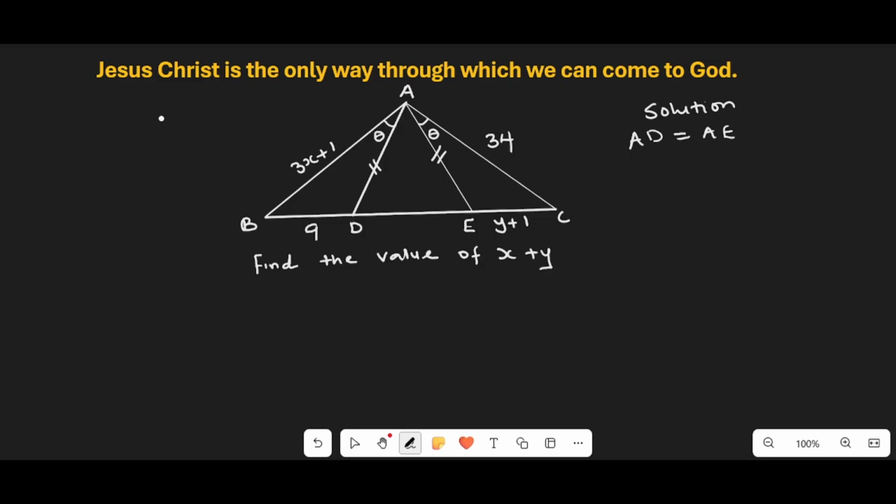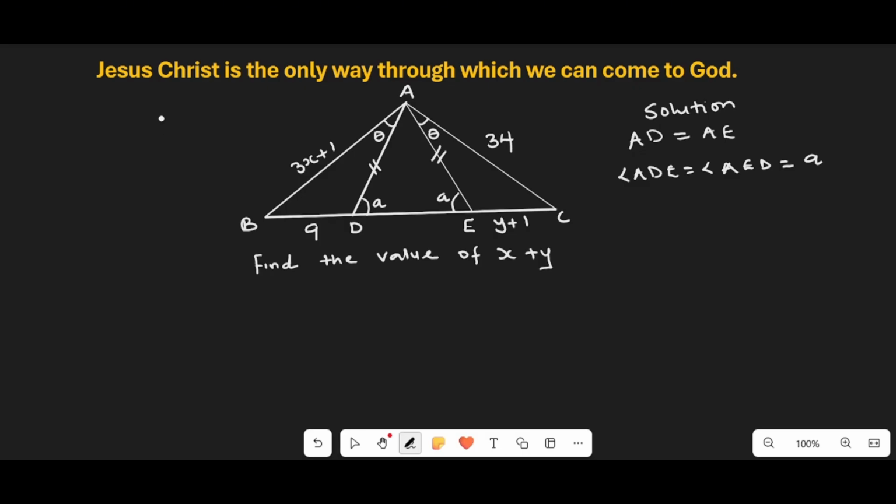So we can say this angle is A. Let us label it A. This also is A. So angle ADE equals angle AED equals A.